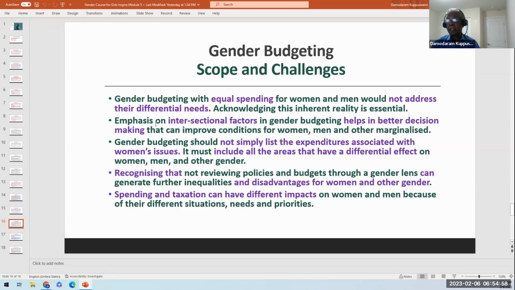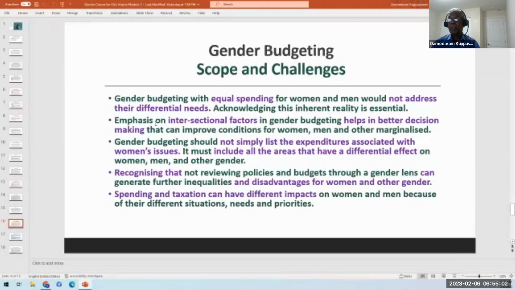Is it addressing the differential needs? Therefore, the scope that gender budgeting provides us is that we can argue, we can demand for gender equal allocation and spending, so that it is addressing the differential needs.